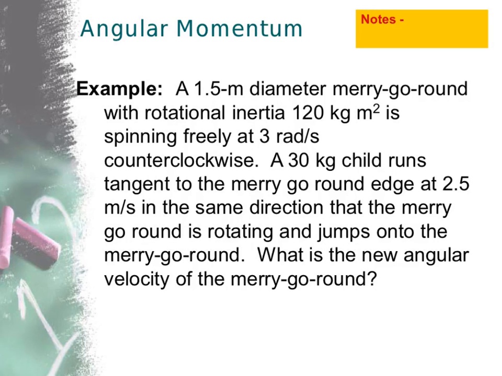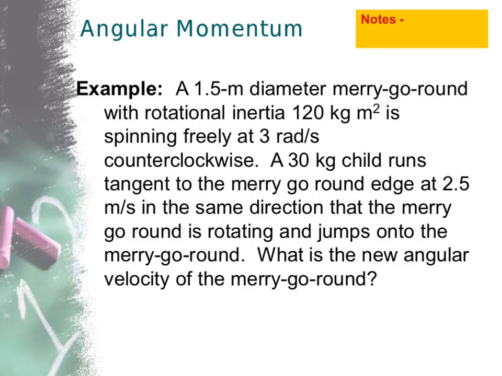Now let's go on to an example that you might actually have to calculate in class. So let's say we have a 1.5 meter diameter merry-go-round, and we have a rotational inertia of 120 kilogram meters squared. So I'm just going to write some of this down on my spare piece of paper. 1.5 meters, 120 kilogram meters squared, 3 radians per second.